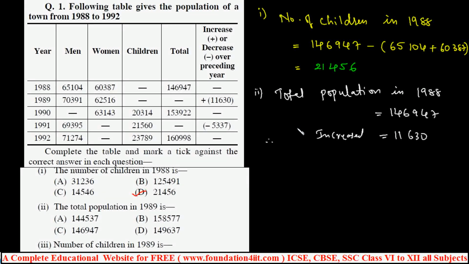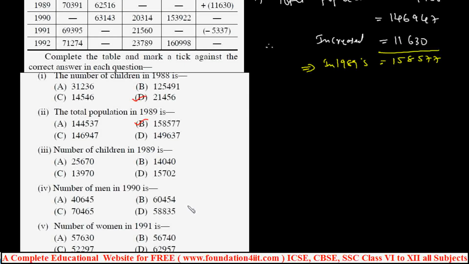Because of the increase, the answer is by adding both. If you add, you get 1,58,577. This is the population in 1989. So option B is this, right? And calculate the next one.